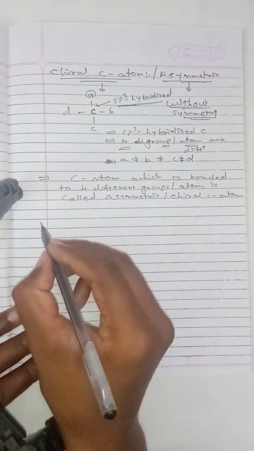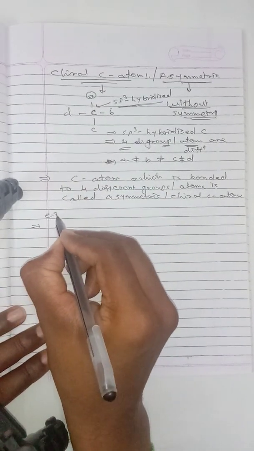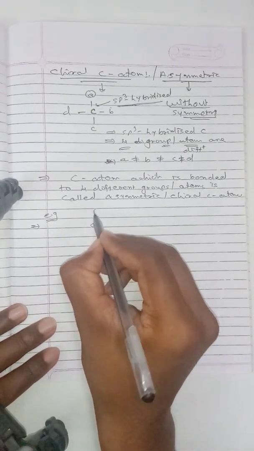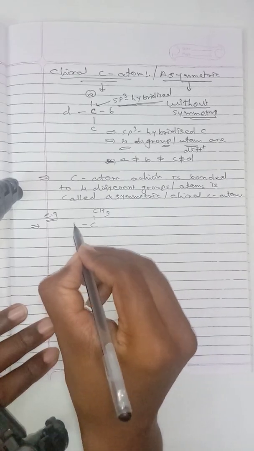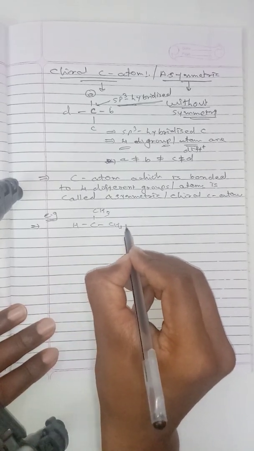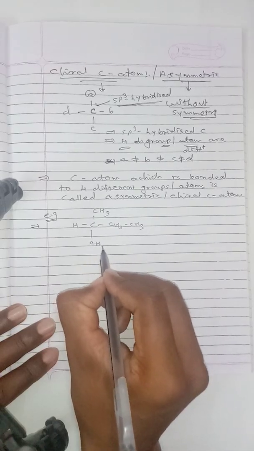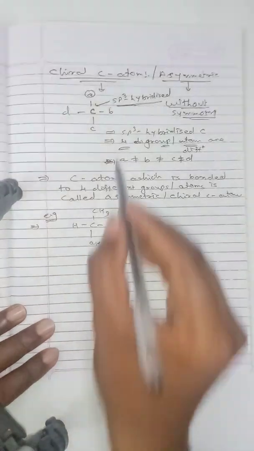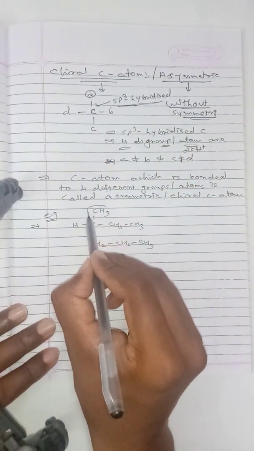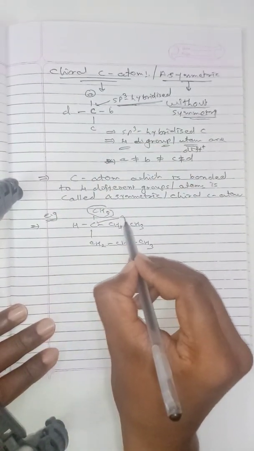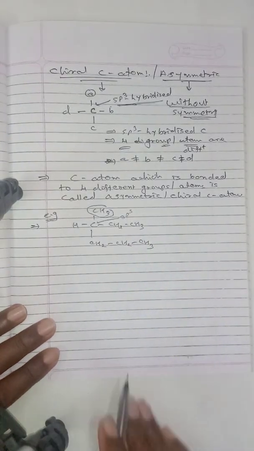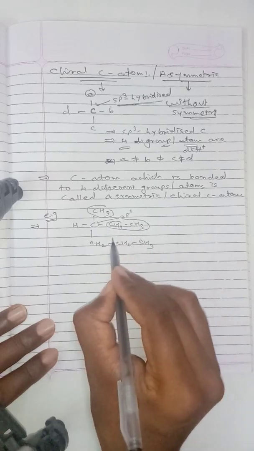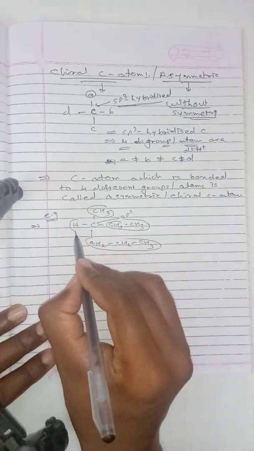Let's understand by example. Here the carbon has a methyl group, an ethyl group, and CH2CH2CH3. This carbon is an sp3 hybridized carbon. With this carbon there is a methyl group, an ethyl group, a propyl group, and a hydrogen.